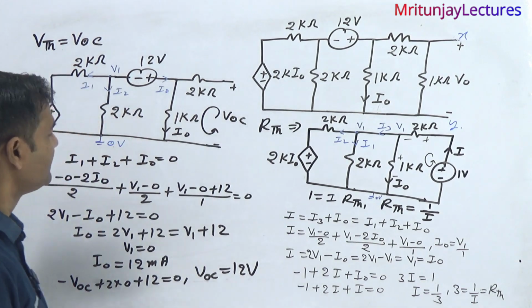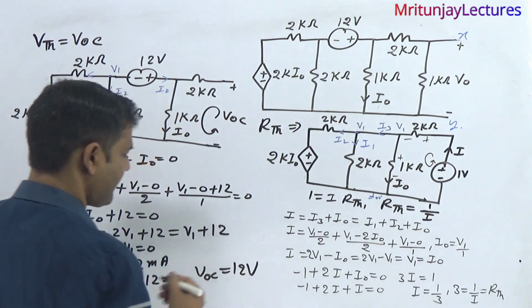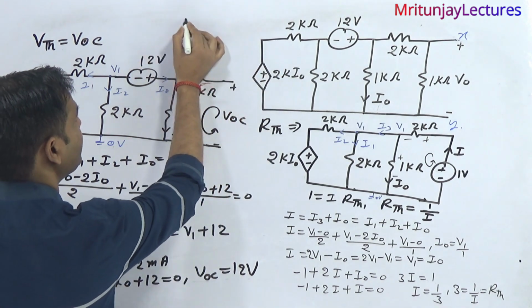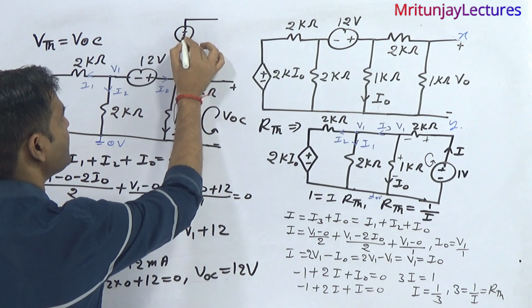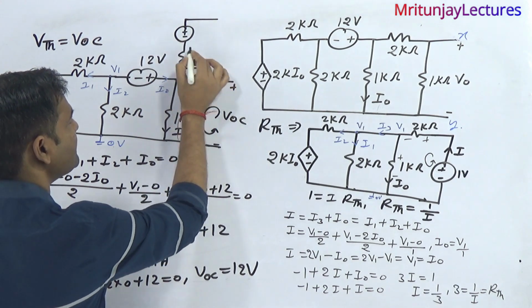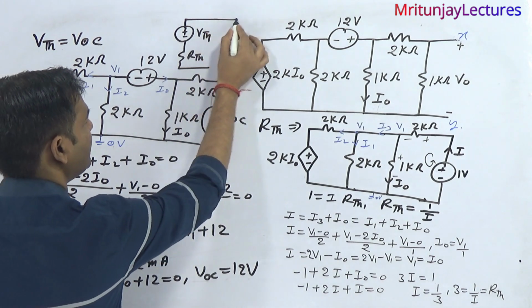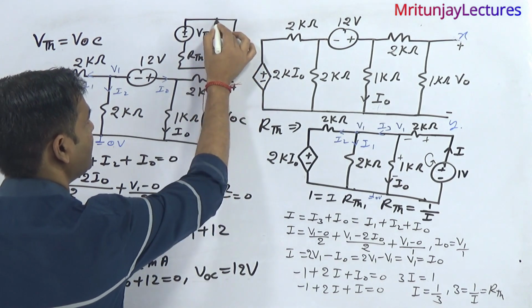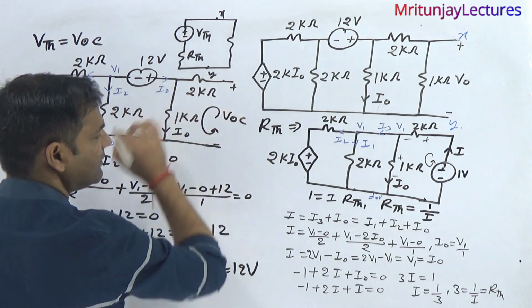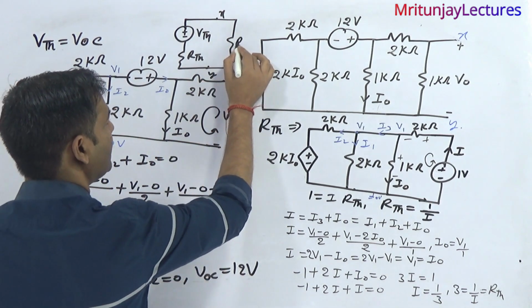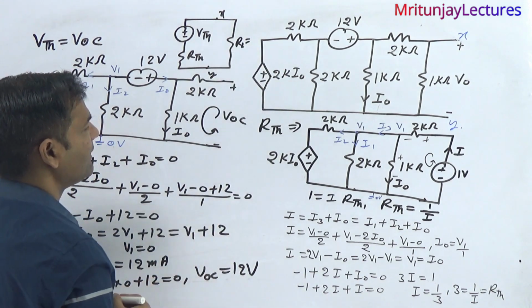Now make this circuit. It has a source VTH with RTH, and here RL is the load, with terminals X and Y. What about RL?